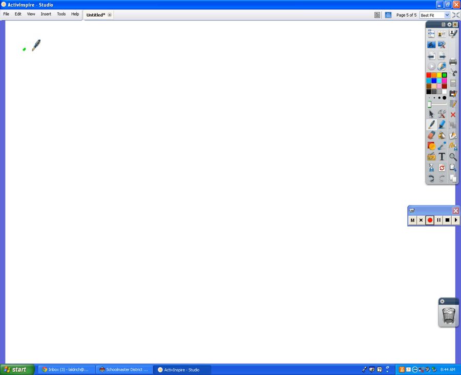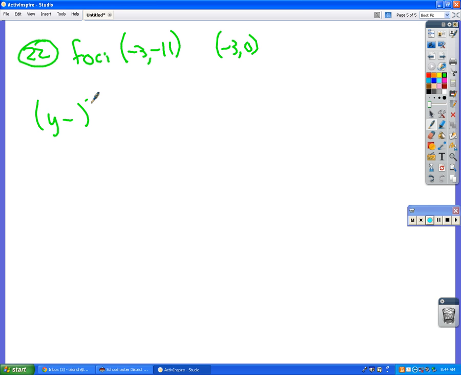Y comes first this time because the x ones are the same, so y comes first this time. Okay. What is the x coordinate of the center?